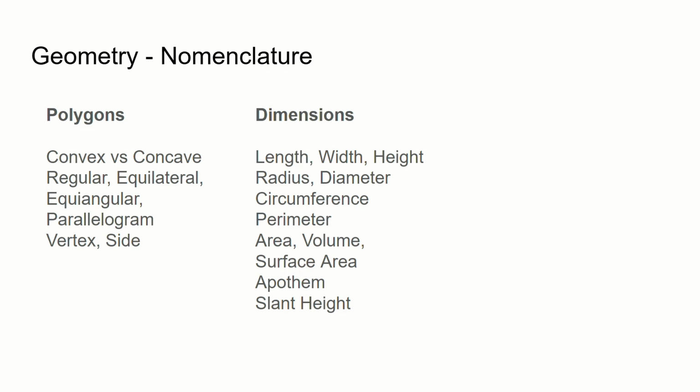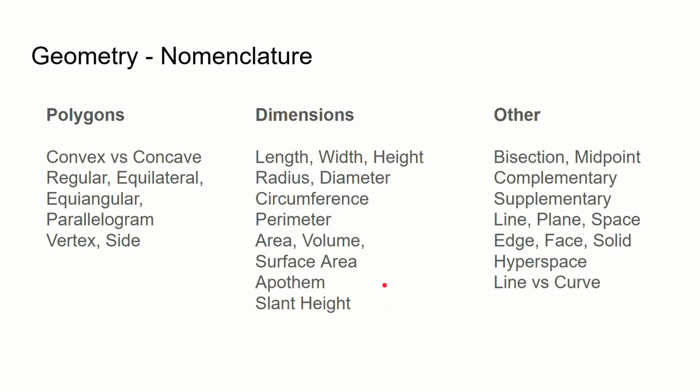In polygons, the apothem is the length between the center of the polygon, generally in a regular polygon, to the edge of a face, and it's always in a right angle direction or a perpendicular direction. And then the slant height, this is in a cone. We're considering the diagonal length or the diagonal height of something.